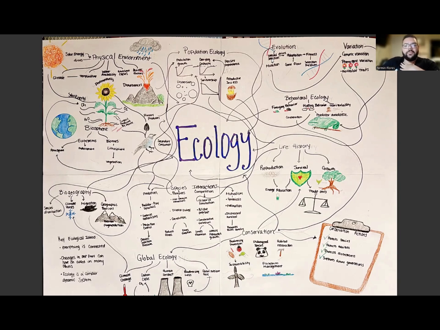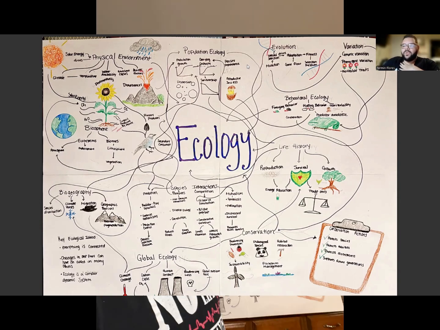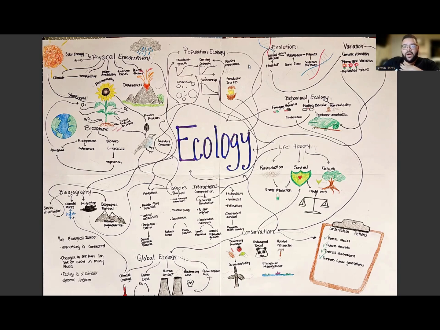At the top center of the map, I included population ecology. This section includes population growth, carrying capacity, density dependence, dispersion, survivorship, and reproductive success. Population ecology focuses on how populations change over time and how environmental conditions regulate population size. Carrying capacity limits population growth because resources such as food, water, and space are finite.